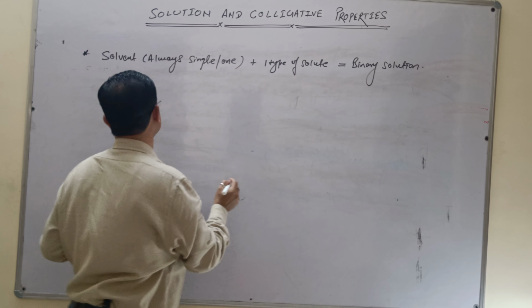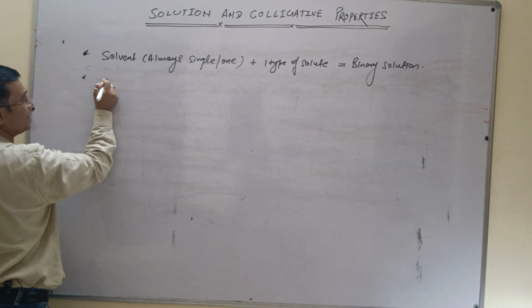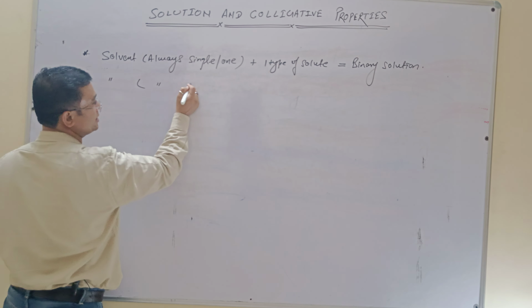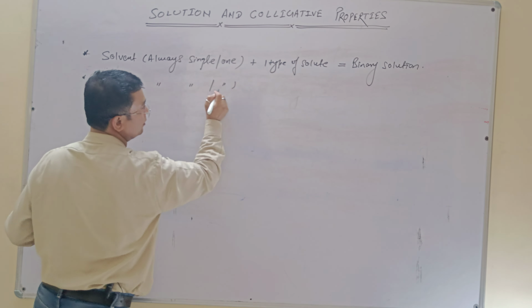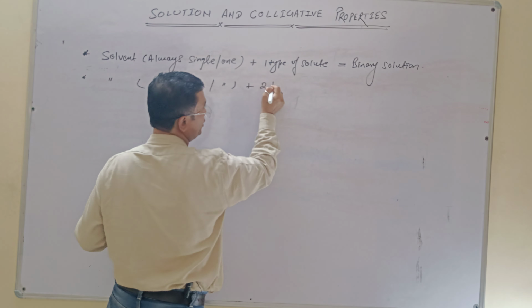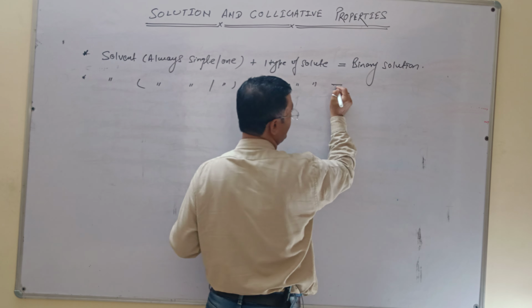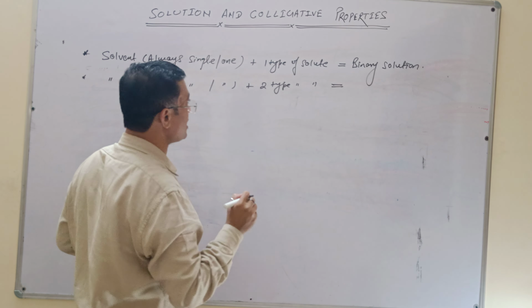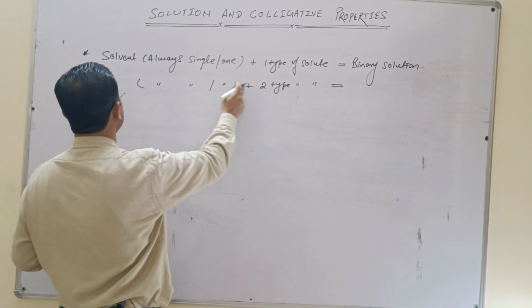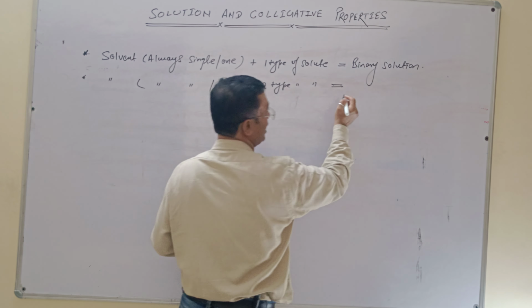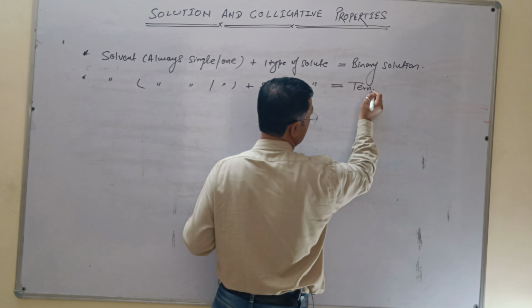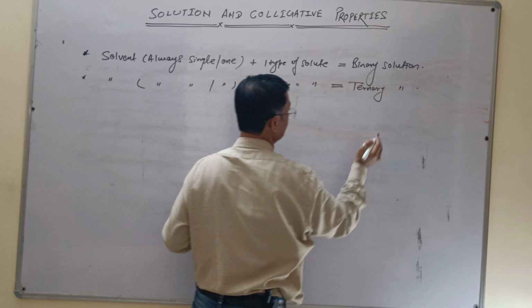In the same manner, the solvent is always a single component, and if two different types of solutes are dissolved in it, then how many components are present in total? Two solutes and one solvent. Therefore, this is called a ternary solution.